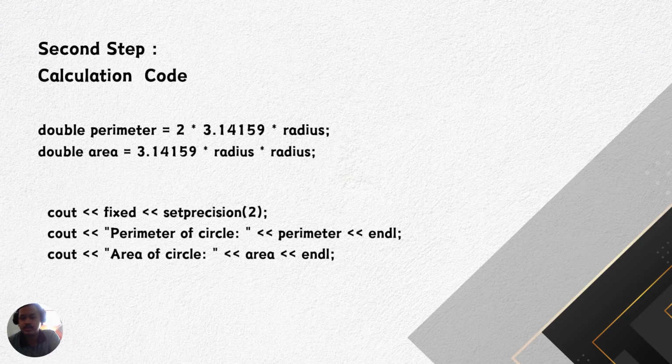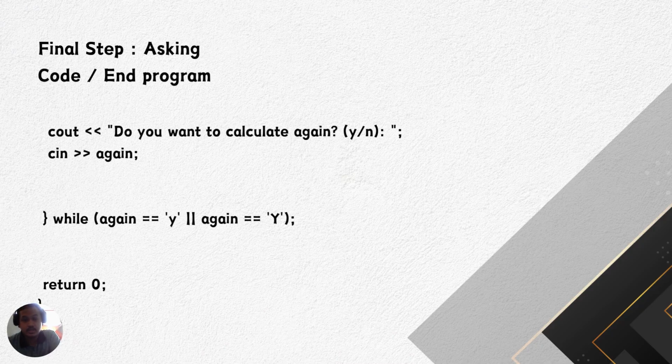Anybody can do it. The last but not least is the asking code, or the end of the program. This one is also very simple. Below the program, we ask the user if they want to do more calculation. If you type Y, it will ask again. If you type no, the program ends.